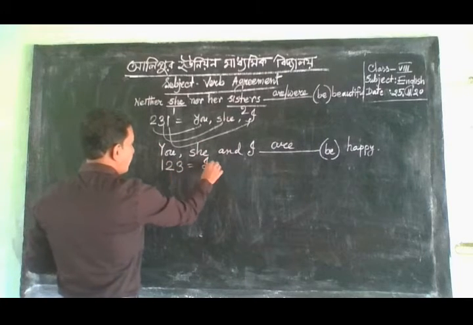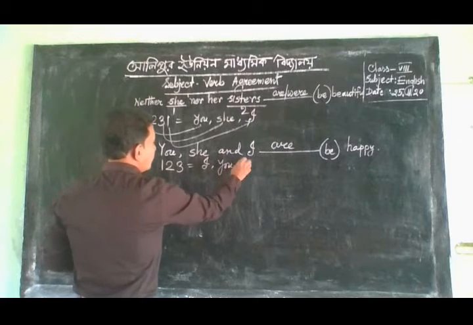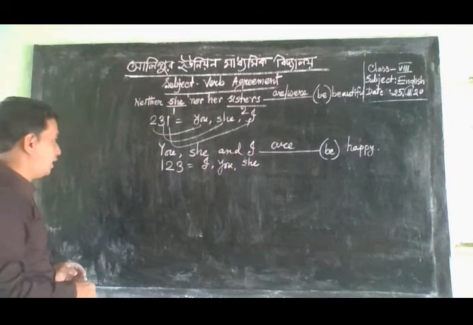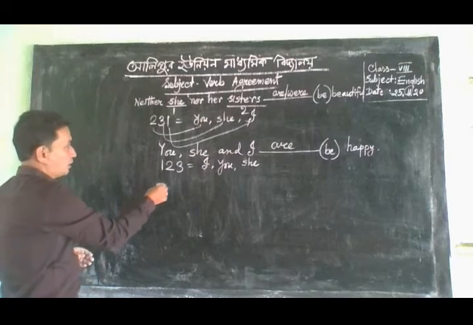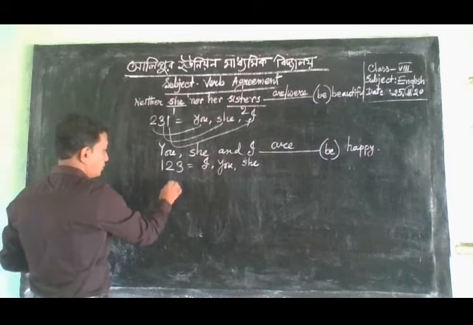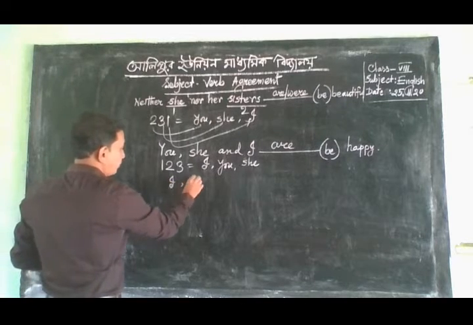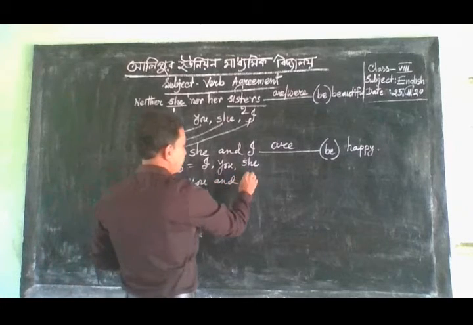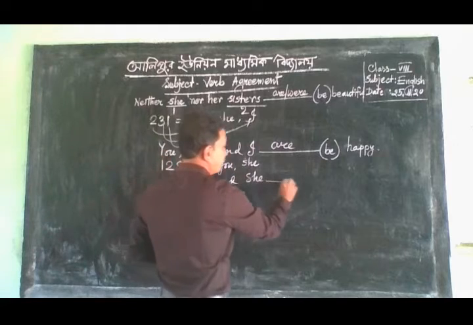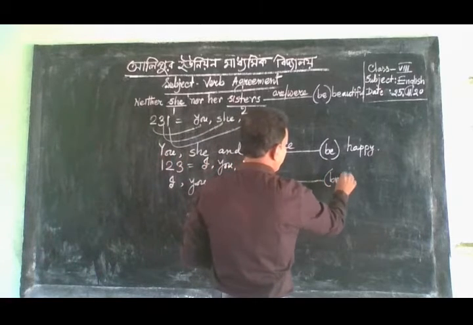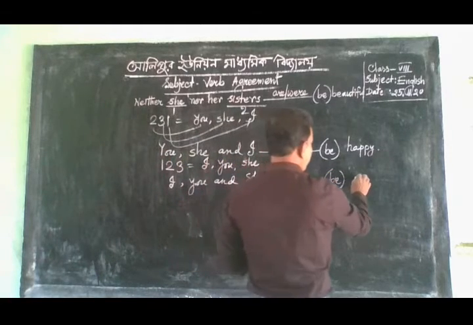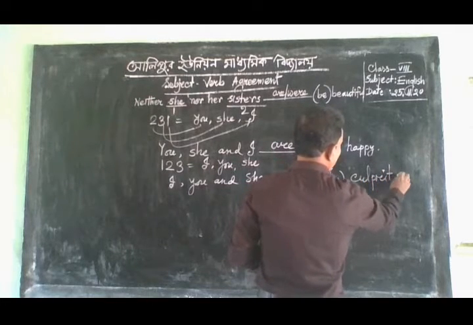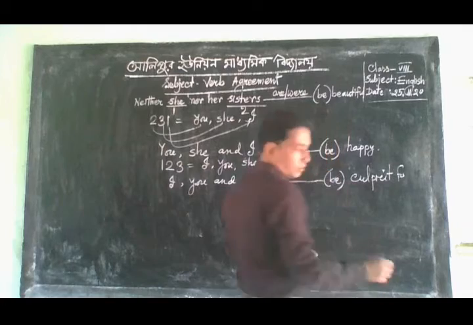That means I, you, and she or he. Suppose I give an example: I, you, and he, culprit.